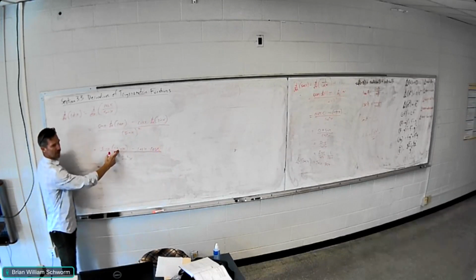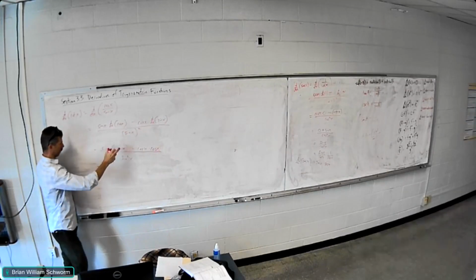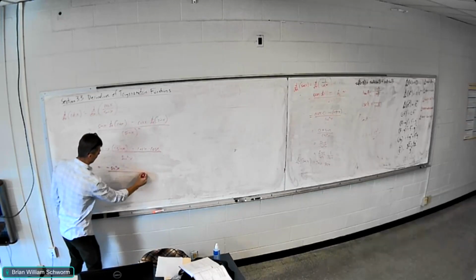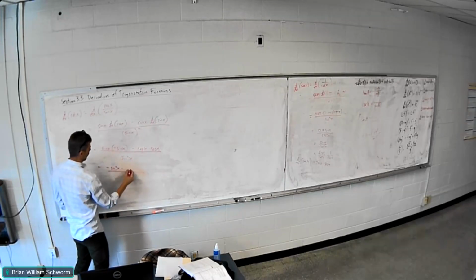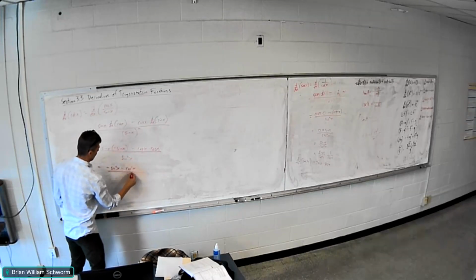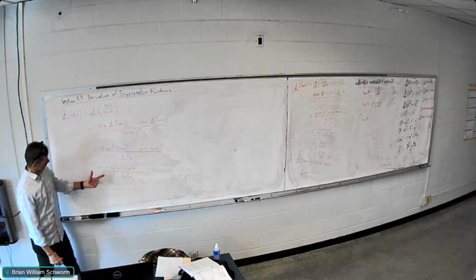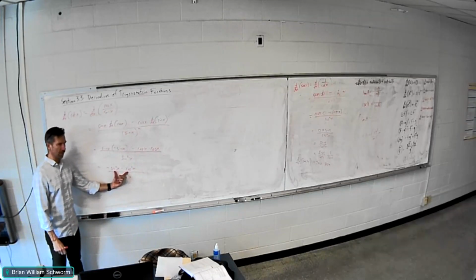And then I got sine times negative sine, so it's negative sine squared. Cosine times cosine, cosine squared. We had this in a previous one, but they were positive. It's the Pythagorean identity.